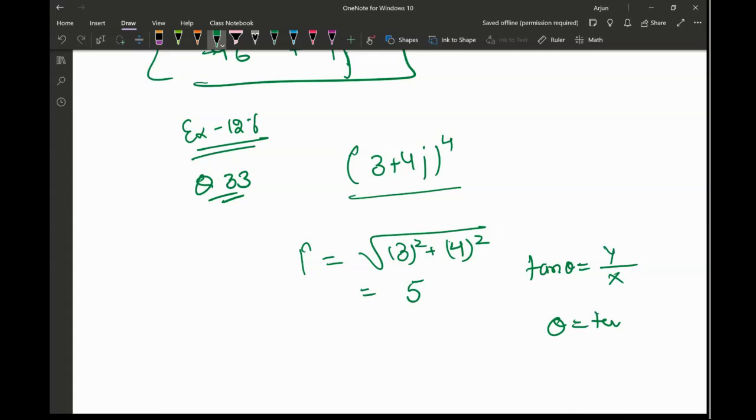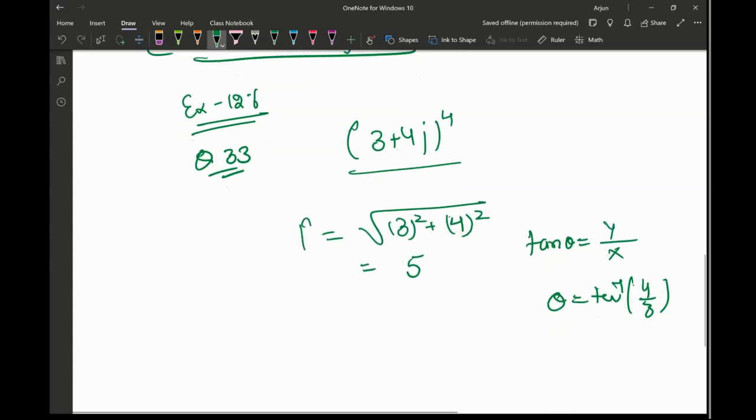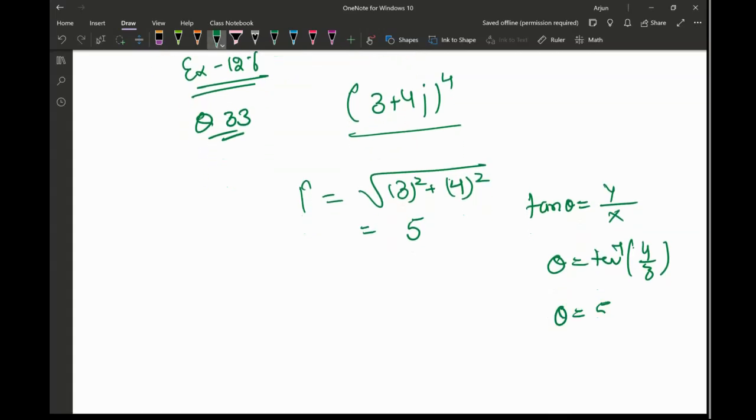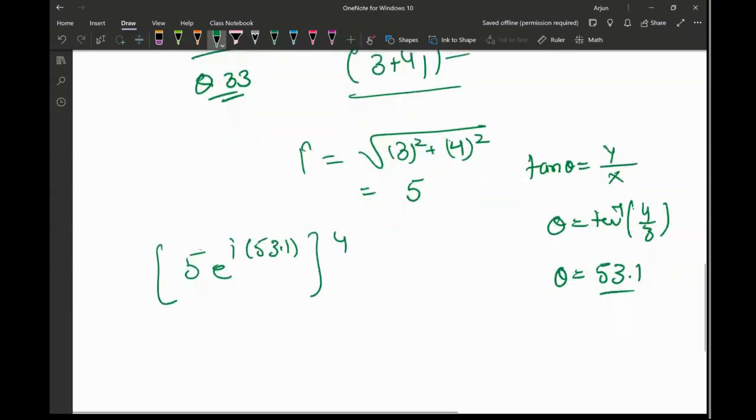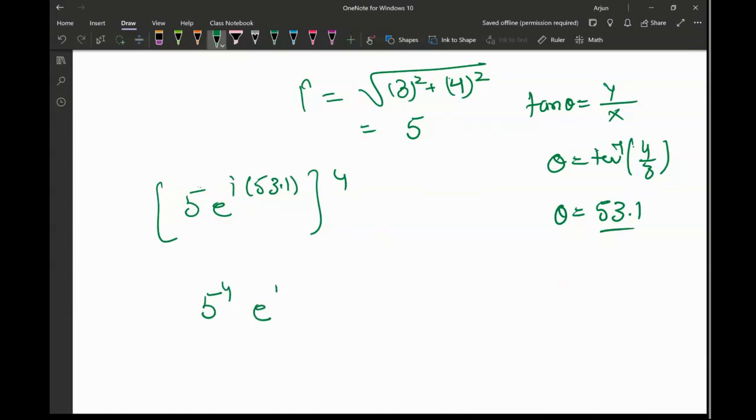Theta will be tangent inverse of 4 upon 3, which is 53.1. So I will write it as 5 e raised to the power j 53.1, and raised to the power 4 outside. So 5 raised to the power 4 times e raised to the power j 53.1 times 4.